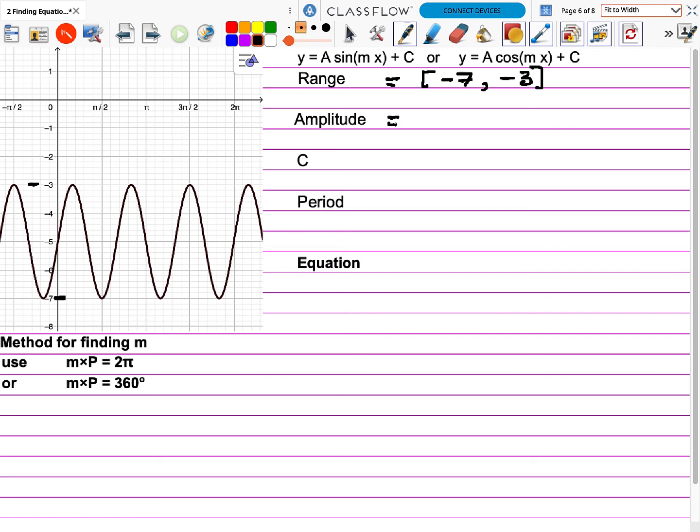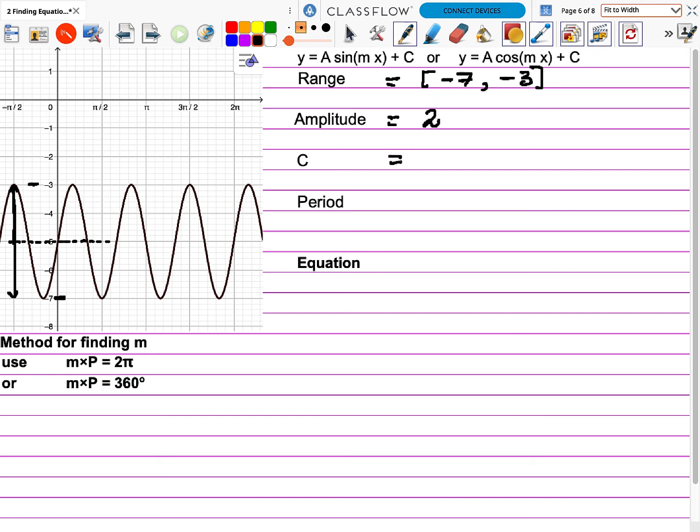We are then looking for the amplitude. So we look at the imaginary middle line. So there's our imaginary middle line. And the amplitude is the distance from that imaginary middle line to the maximum point, or from that imaginary middle line to the minimum point. So clearly from the graph, that's 2.